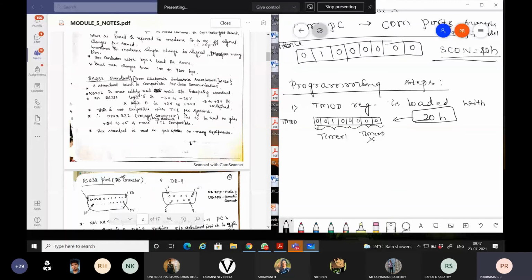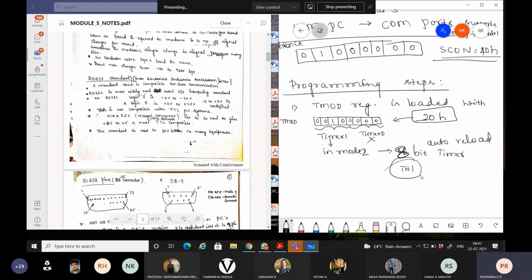Timer 1 is used in mode 2, the 8-bit auto reload mode, not the 16-bit mode, because we have to set TH1 with a value.